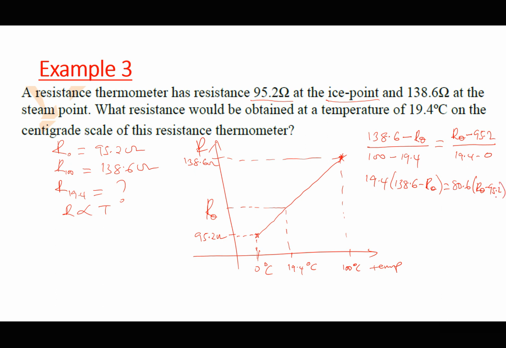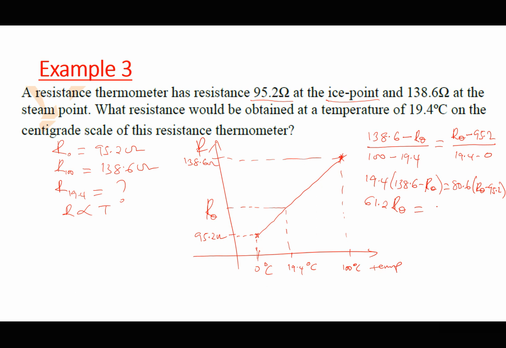So we are opening the brackets. I'll open the brackets at once, and you can go ahead and do all the steps you want. Me, I will have 80.6, I subtract 19.4, so I have 61.2. That is R theta should be equal to.